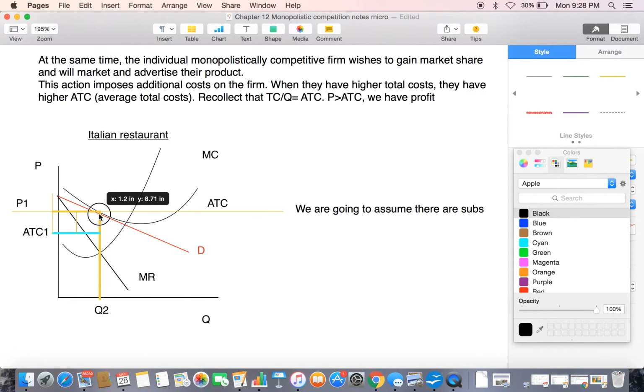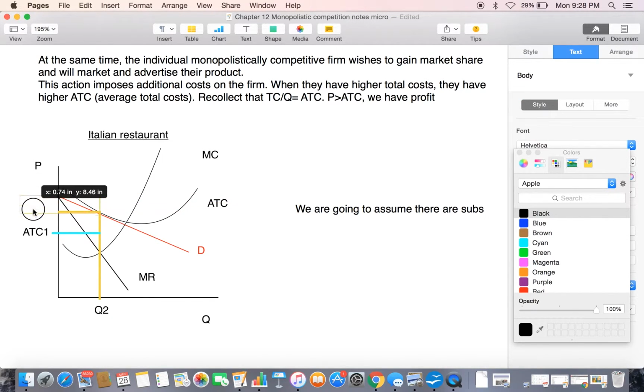So here we will price along our demand curve. And that price we notice is actually lower than our original P1. So we're now going to have to price our meals at a lower price also.